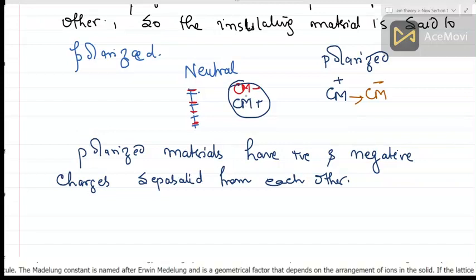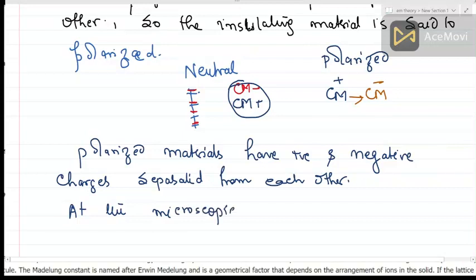And this polarization, so what is happening? The neutral material was neutral because the centers of mass of the positive and negative charges were together. Now what happens at the microscopic level in the polarized material is the development of a dipole. Means equal amounts of positive and negative charges are separated by some amount.